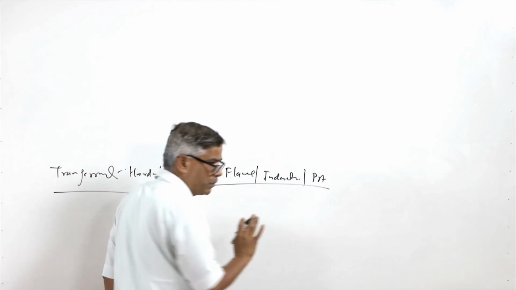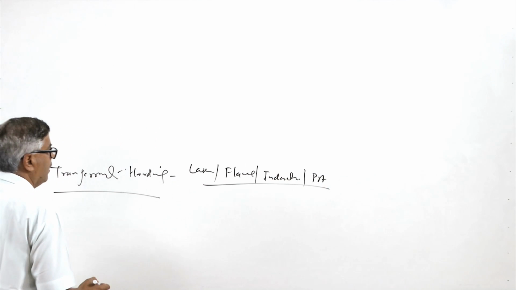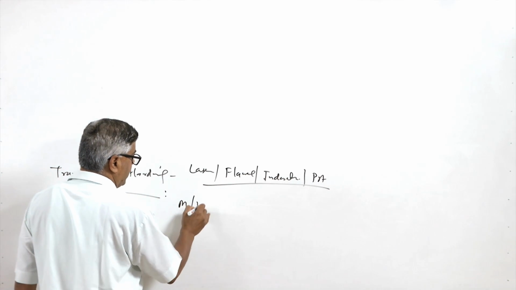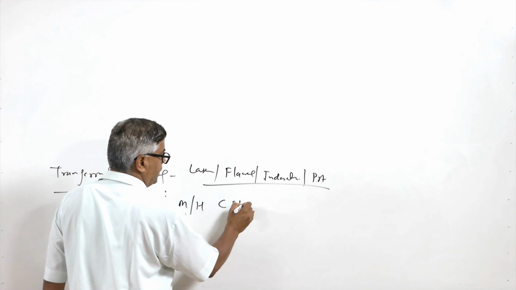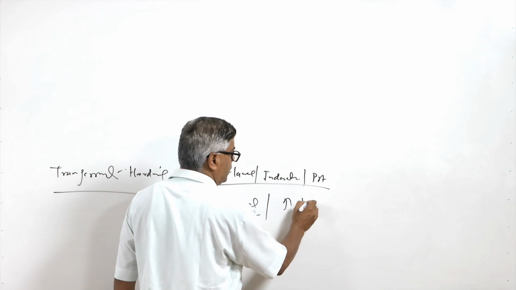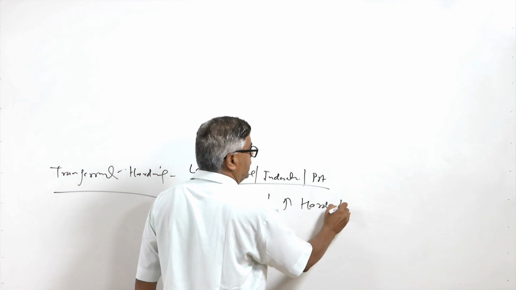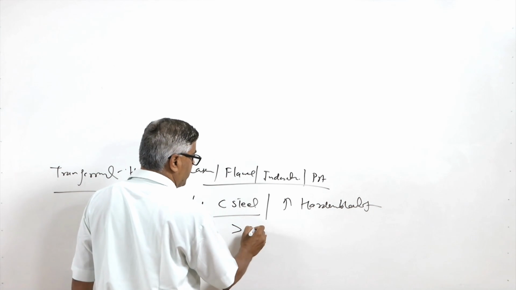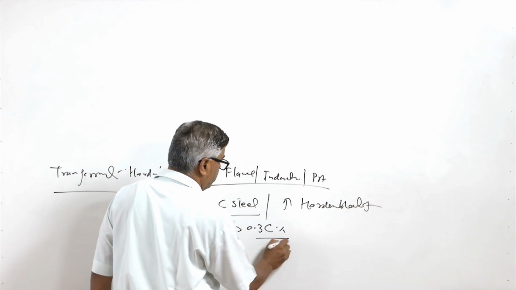In all these cases one common principle is used. This is basically applied for medium and high carbon steels, or steels having good hardenability. Normally it is applicable for steels having carbon percentage greater than 0.3.